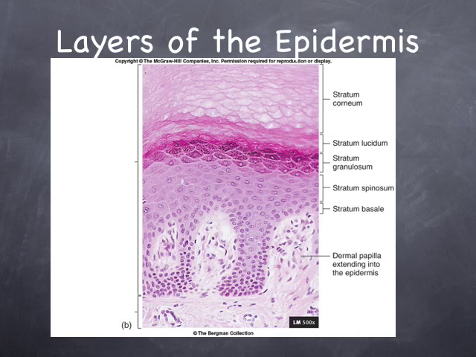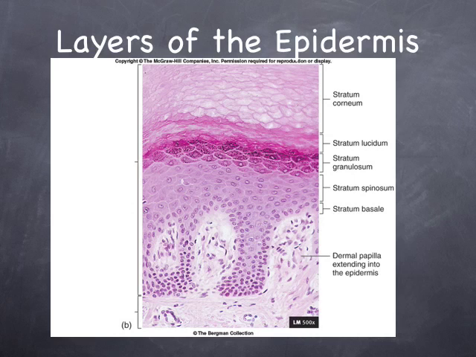We're going to look at this stratified squamous epithelium: dead cells at the surface, active, living cuboidal cells. There are 5 layers that we want to know within the epidermis. You should be able to label and know what's going on in each one of the 5 layers.